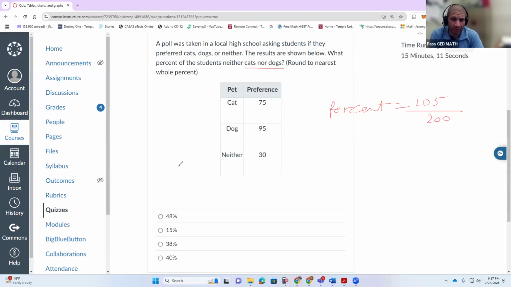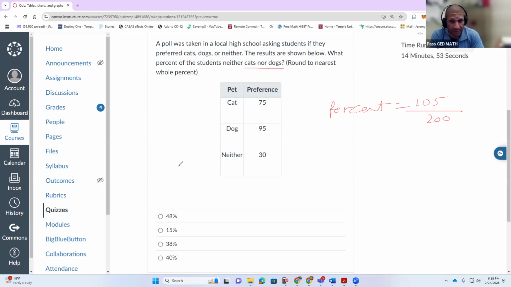Where'd you get the 105 from? The 105 is 70, 80, 90, 100, and then 5. So I did cat and dog. I added cat and neither.